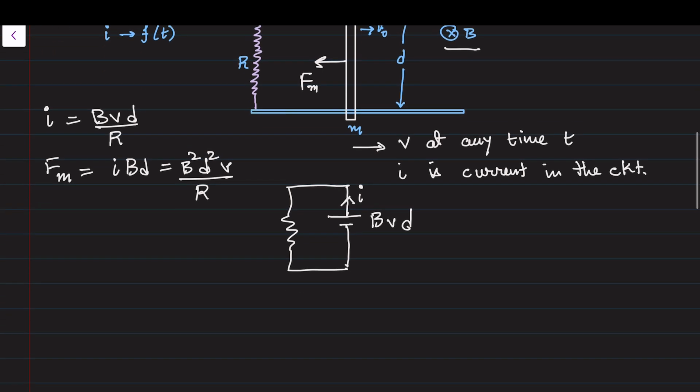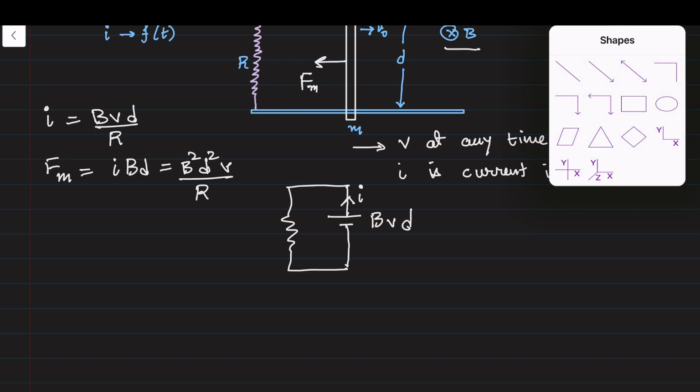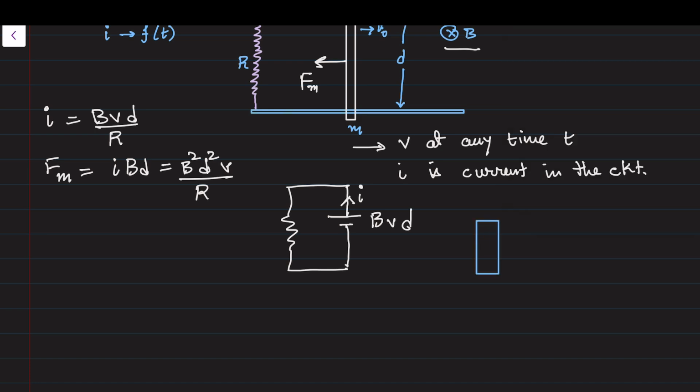Now under the action of this magnetic force, it is moving. So if I take this rod's free body diagram, its velocity is V, the magnetic force is acting in this direction, so it will have the acceleration in this direction, so the speed is going to decrease with time.